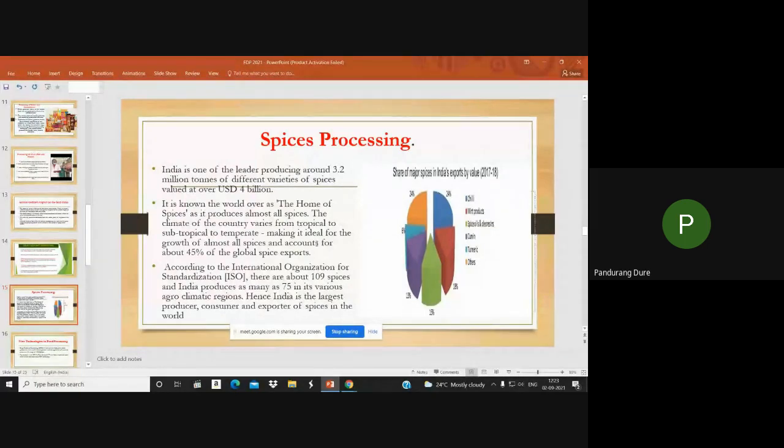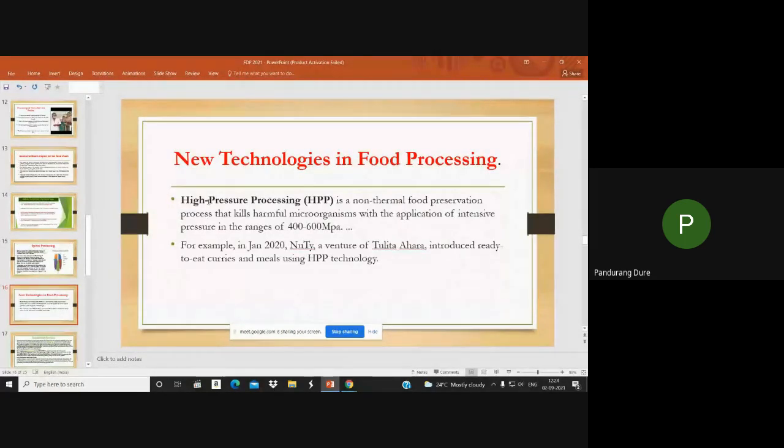This is only due to the wide variety of agroclimatic zones, the diversity in the soil, and the climatic conditions, and all of this gives benefits to the food processing sector. So this is all about the processing of spices, and now we move towards the new technologies coming to the food processing sector.